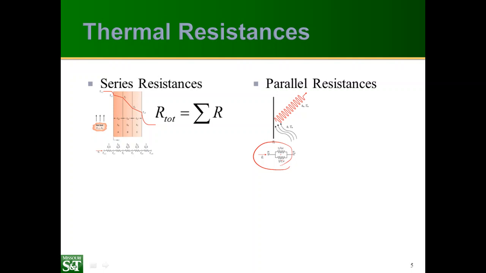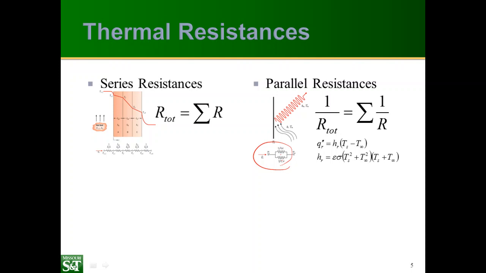For instance, in this case, we have convection and radiation heat transfer occurring from the same surface at the same time. So we write this parallel resistance. Here the resistance is 1 over hA, and for h, we also have an h_rad here, which gives us the radiation heat transfer.